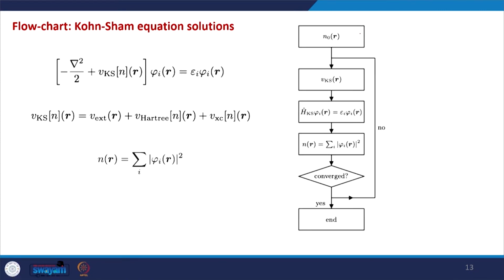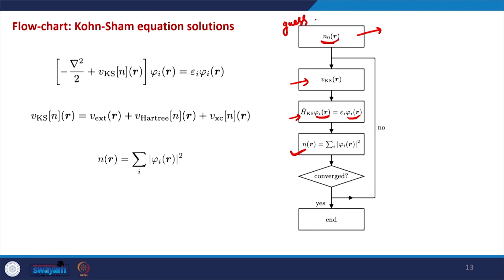So, what we do is we make an initial guess of the electron density. From this electron density we calculate the Kohn-Sham potential functional. From this we calculate these orbitals, phi orbitals. From these orbitals we again calculate the electron density function, and we compare it with this initial guess.